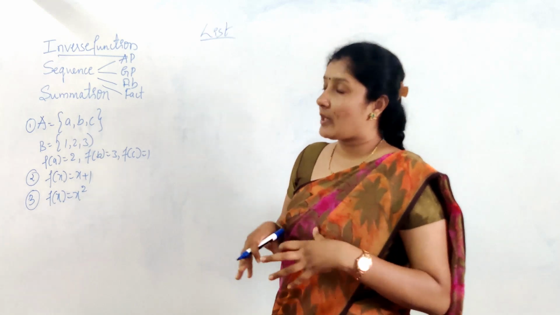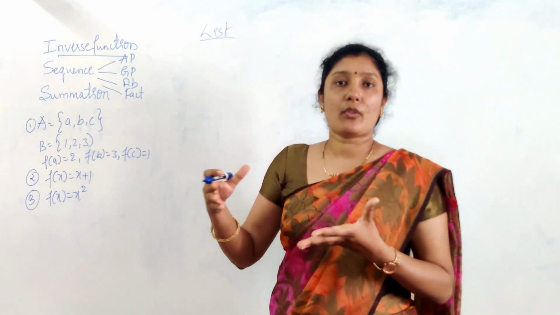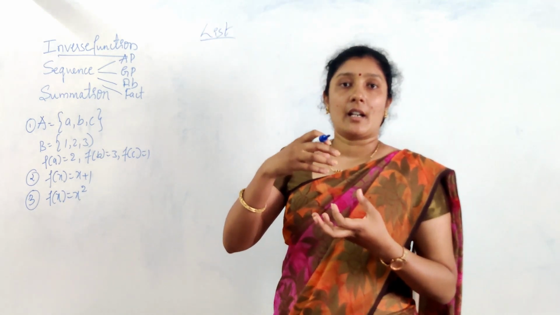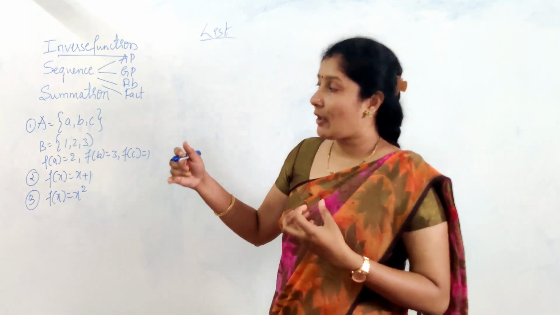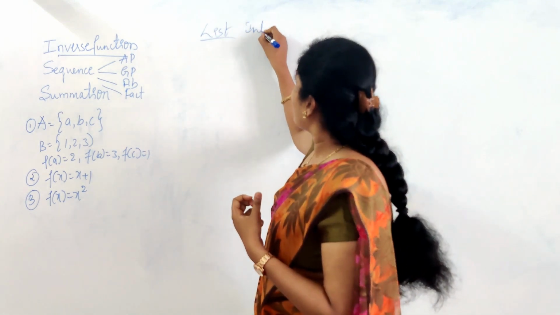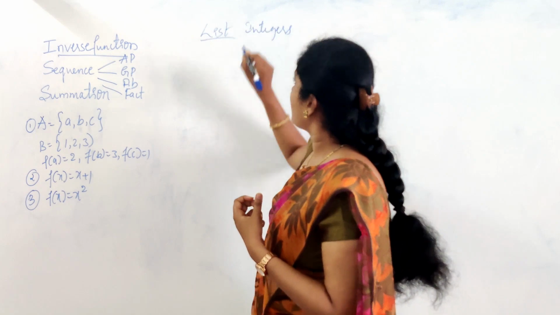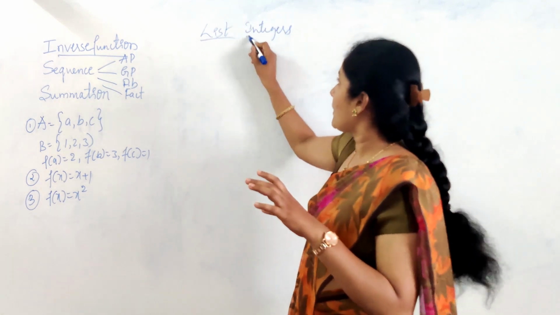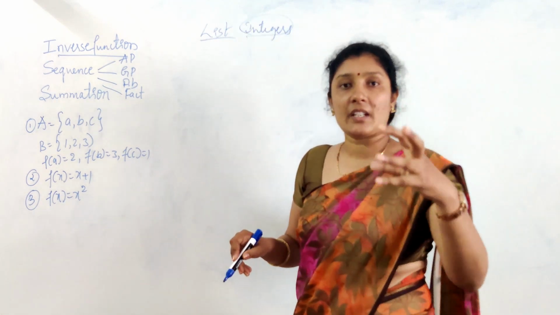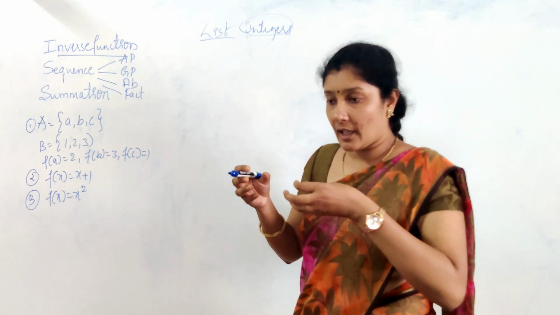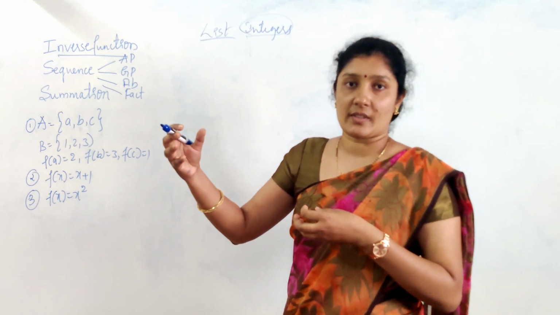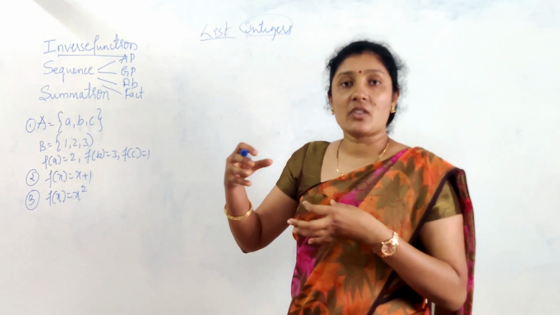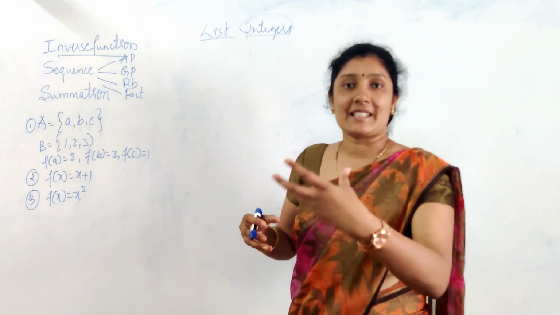So here the sequence means it is a discrete form of an ordered list. For example, it will always be integers. If you consider the whole set of integers, then we are considering only a part of integers, which we can mention as a subset of the set.